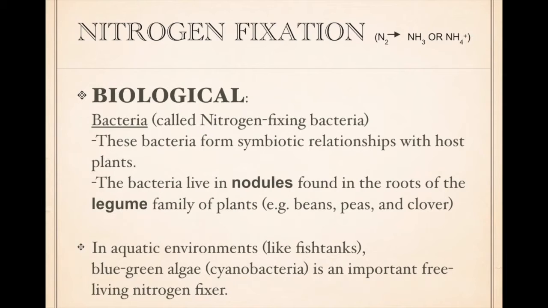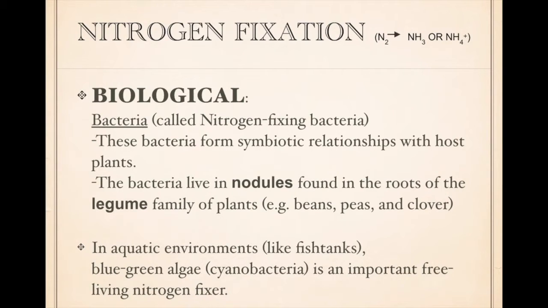This is when N2, the nitrogen gas, is broken down and then reacts to form something new. Nitrogen is broken apart and then reacts with hydrogen to form either ammonia or ammonium. So what can do that? Nitrogen fixing bacteria.